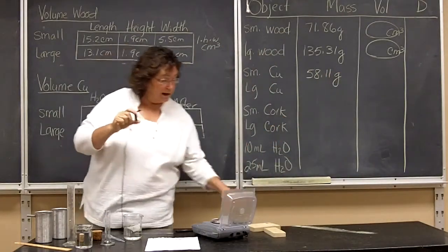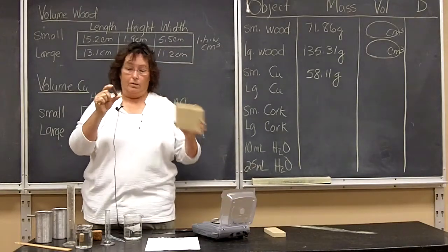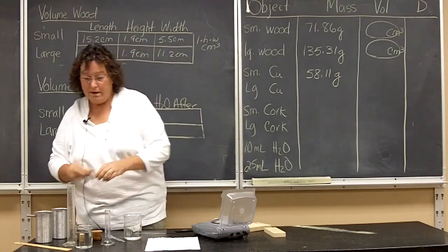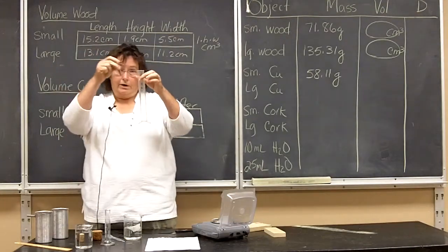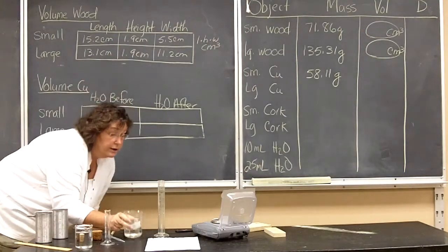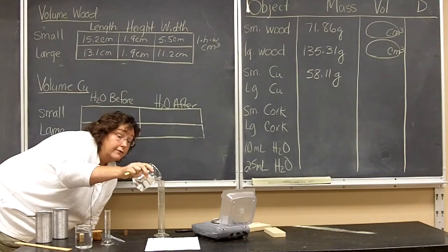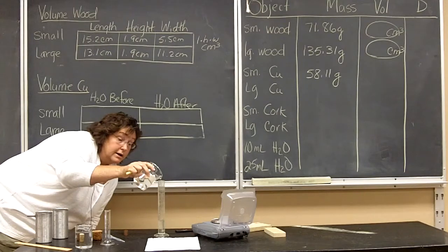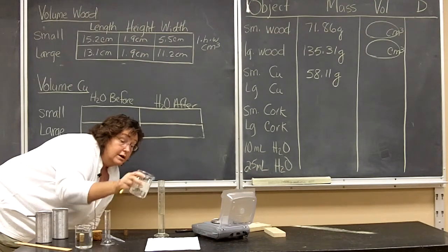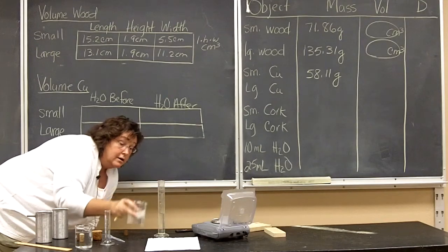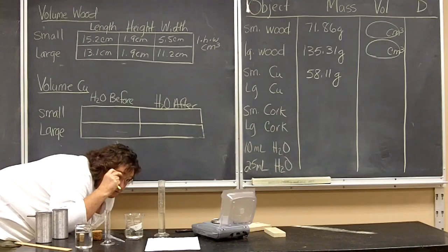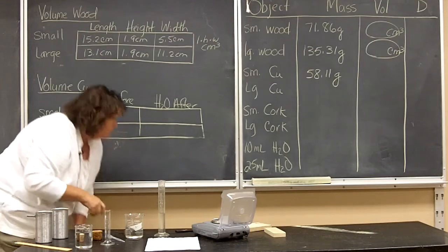Since this is not a regular shape like the block of wood, I have to use a different method to get that volume. So I'm going to use water displacement. To start with, it doesn't matter how far I fill this up, just so long as it covers that piece. So this starts out at 50.0 milliliters.